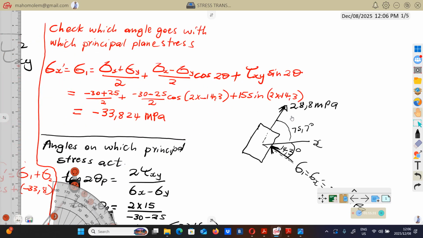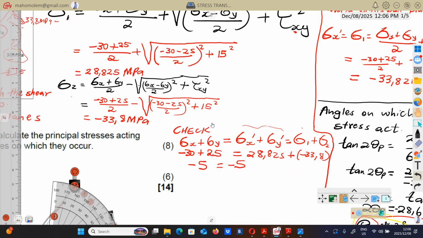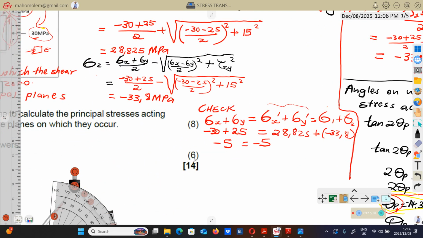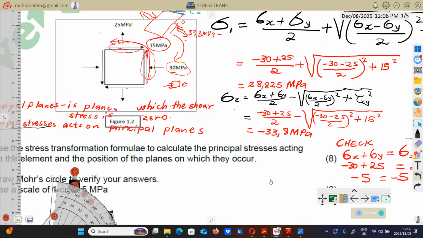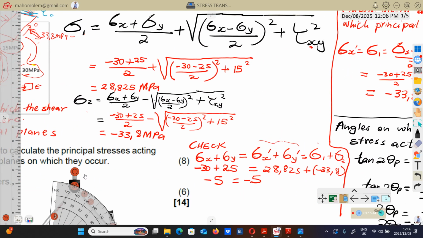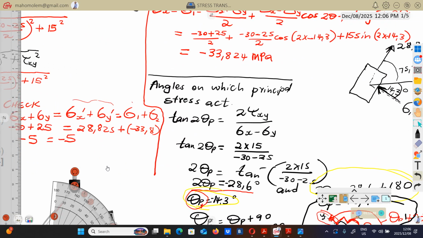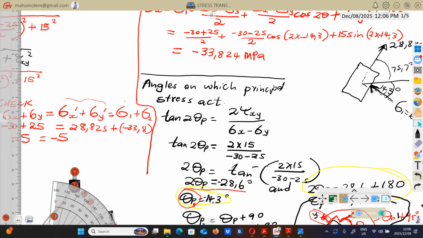And this one is always theta p. The theta p1, this one, will always go with stress x.